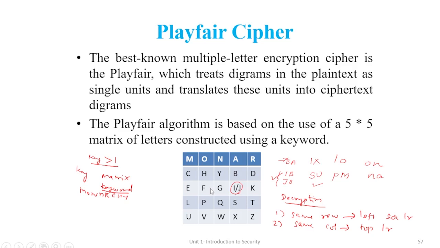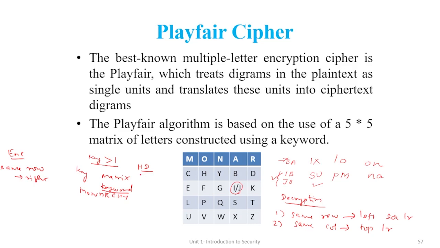One point that should be considered: in encryption, if letters from the same row are available, we should write its right side value. For example, I hold the plaintext HD. You refer to H and D in the table.